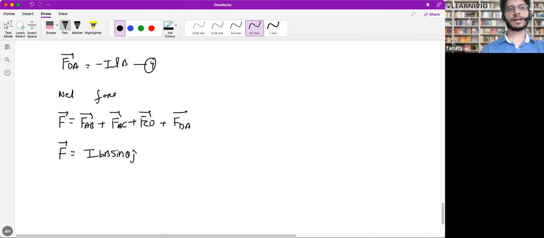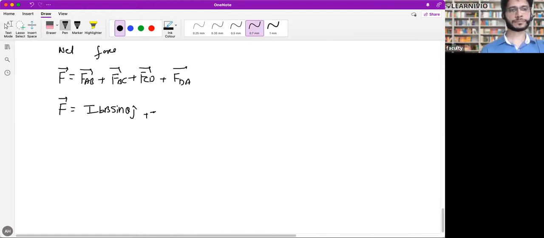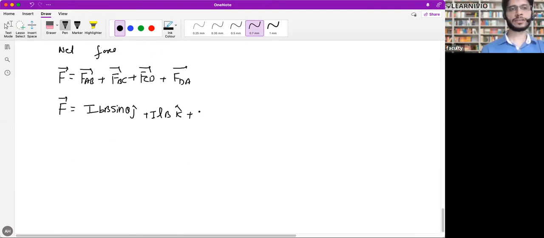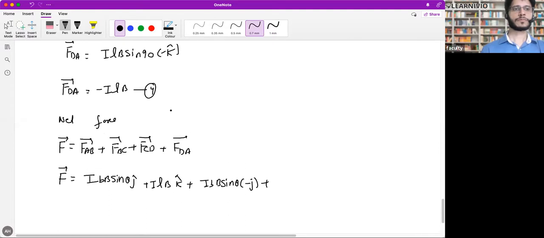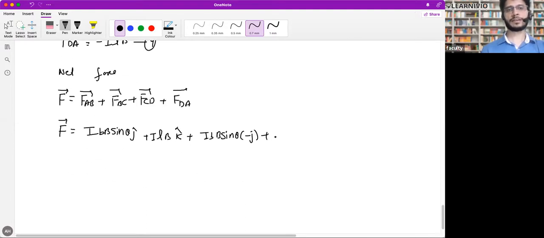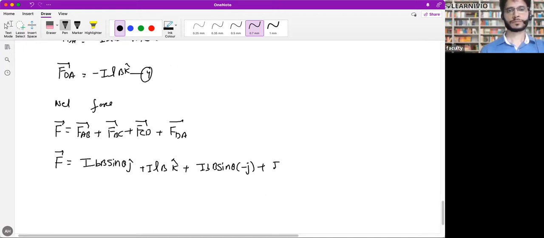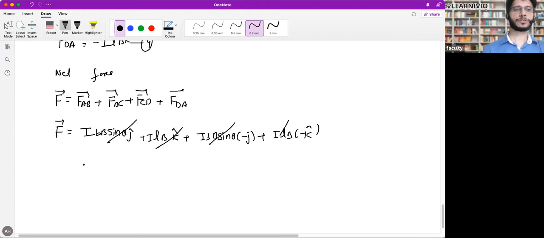FBC is ILB K cap. FCD is IbB sine theta minus J cap. FDA is minus ILB K cap. See, they cancel each other out. The net force is zero.